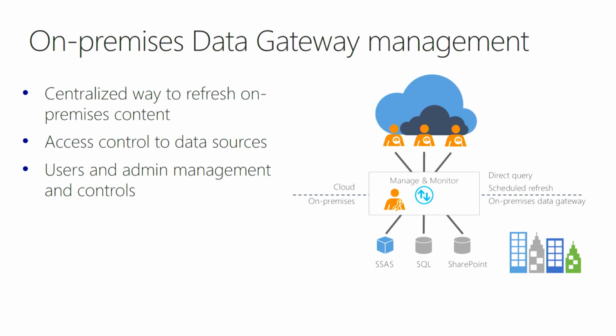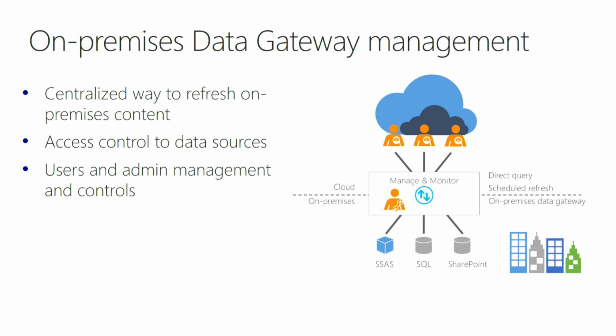So you don't have to worry about each and every one in the company downloading their own gateway and going through the port opening and all the requirements from a security perspective. You can download it once. You can share a security group into the admin list for the gateway. So that will take care of it, and you don't have to worry about adding it multiple times.